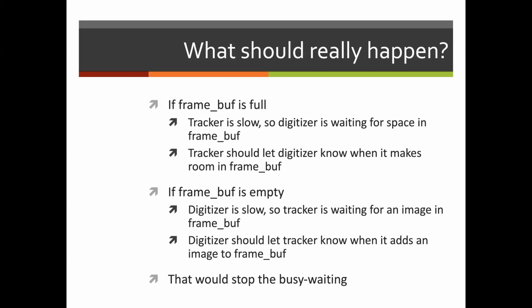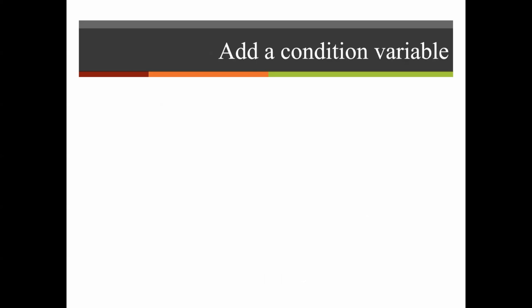And so in our previous program, we have to consider the effect that the while statement has on our digitizer code. And so what we want to do now is add a condition variable.